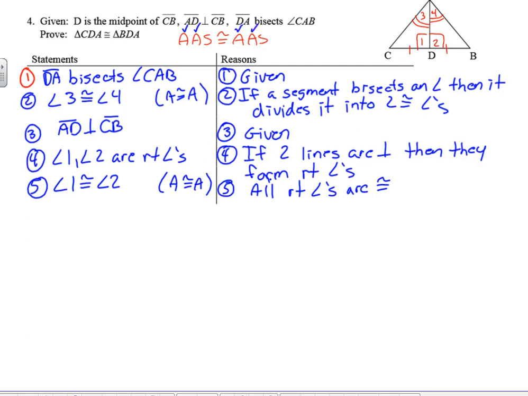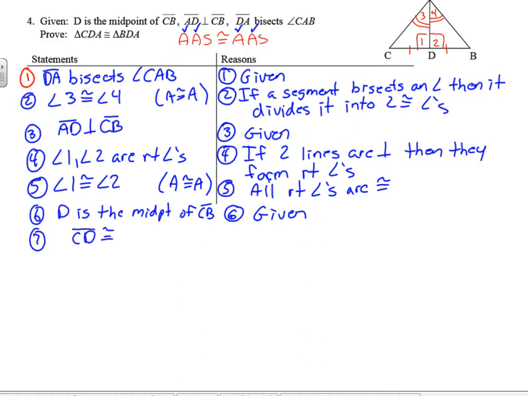We need the side. Well, the side is going to come from the midpoint, so let's bring that in. D is the midpoint of CB, given. And then we just do the definition. We say CD is congruent to DB. This is our definition of a midpoint.